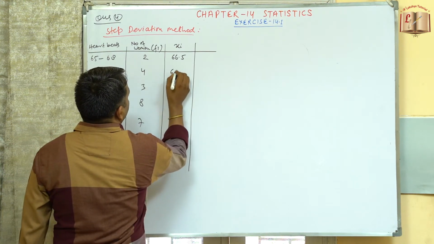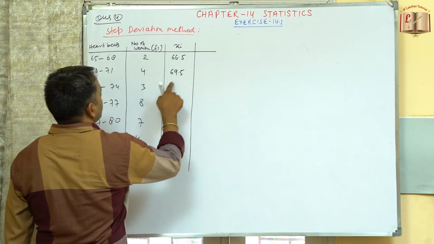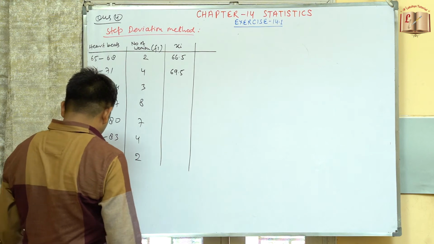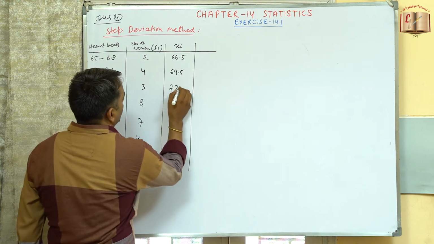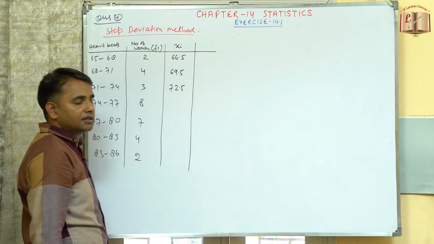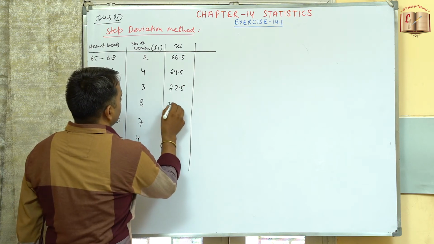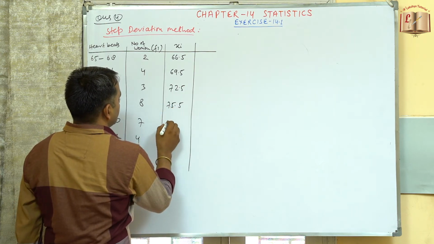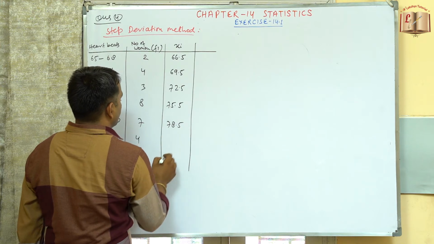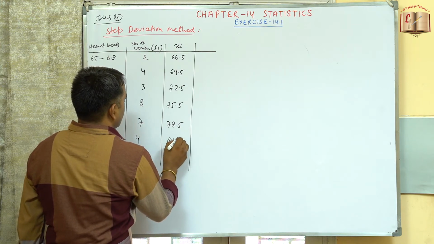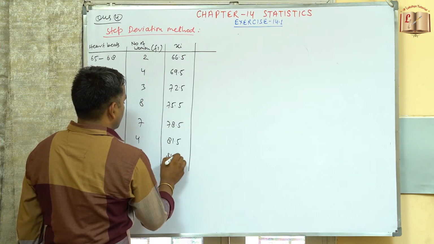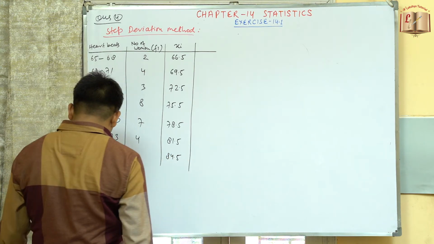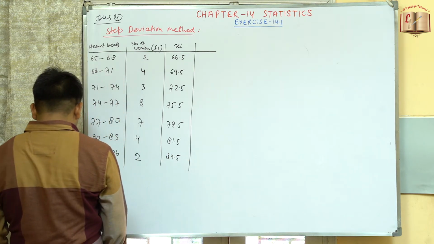So the next one will be 69.5. Then again 3 will be added up, so this will be 72.5. Then again adding 3 to it, it will be 75.5. Then 78.5, 81.5 and 84.5. So these are the values for us.